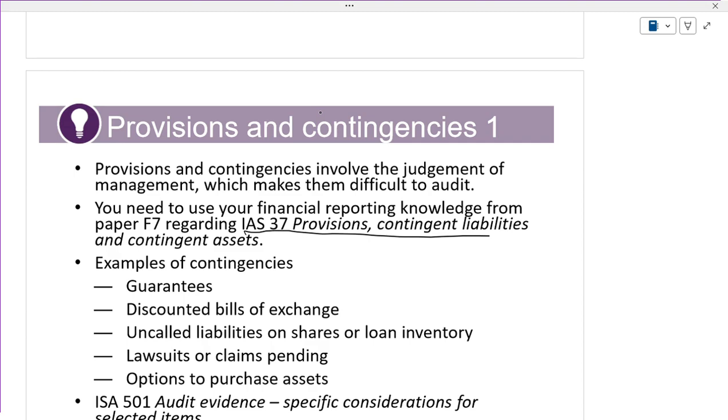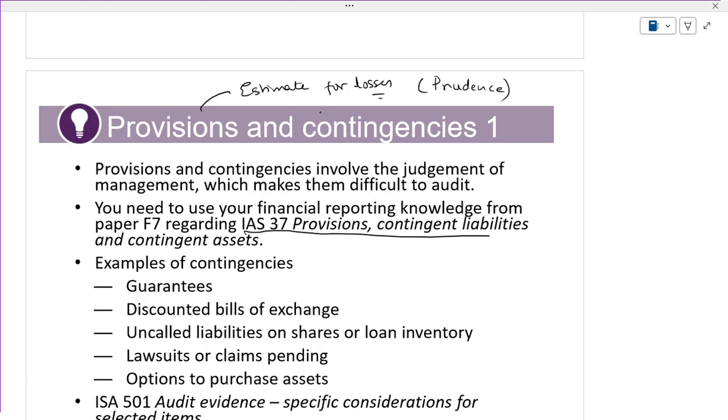Provisions are nothing but estimates, estimates for losses. We are making the provision with respect to the concept of prudence. We estimate losses, and maybe actuals will be less or actuals will be more.